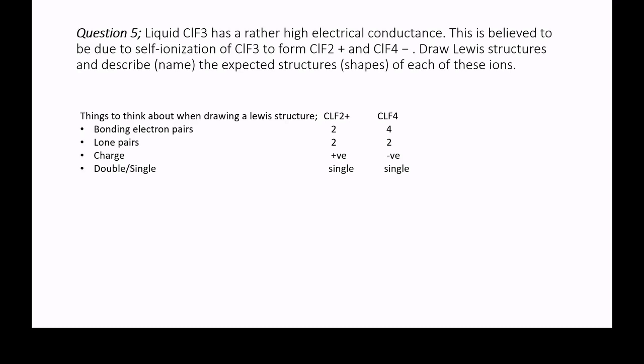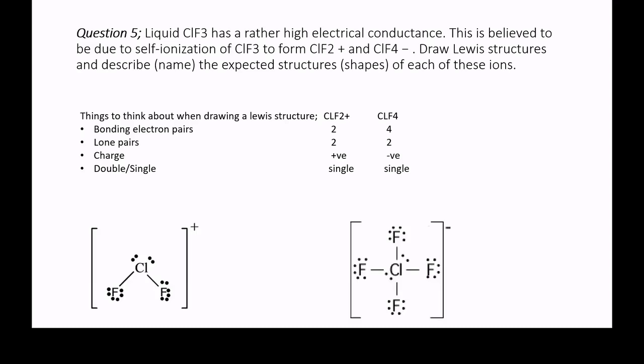Again, in the ClF4-, usually with 4 electrons paired with another atom, the chlorine will be left with just 3 electrons. However, it is ClF4-, therefore it has 4 electrons left, and again there are 2 lone pairs. These are the Lewis structures for these 2 ions. As you can see in the square brackets, we've taken into account the charge of each of these 2.